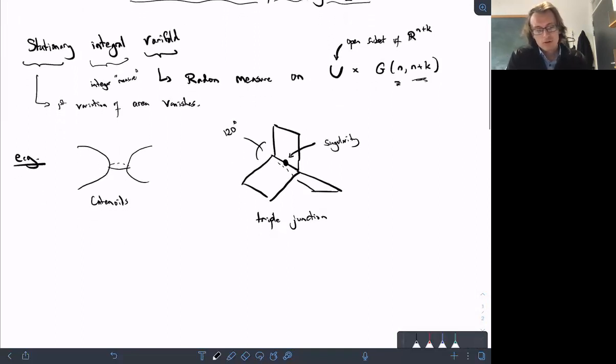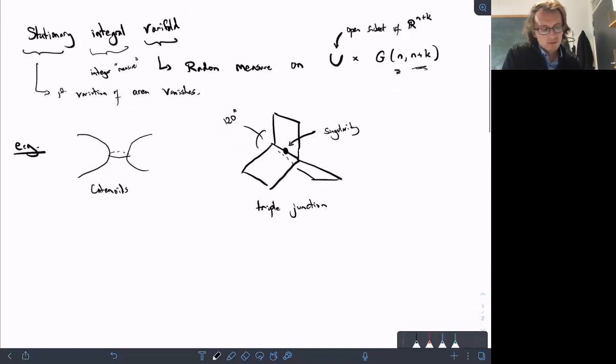Okay, so when we work with these stationary integral varifolds, like we said, we want nice compactness properties. The additional issue, which is compounded here, is that when working with measures, it's possible for us to get higher multiplicities in the limits of our surfaces.